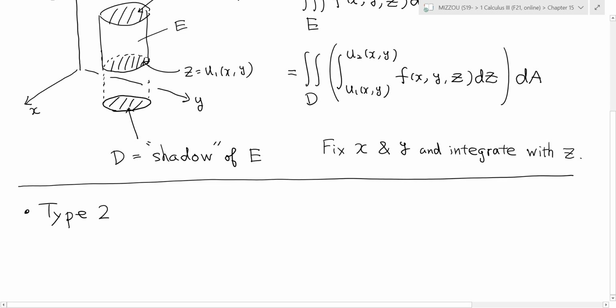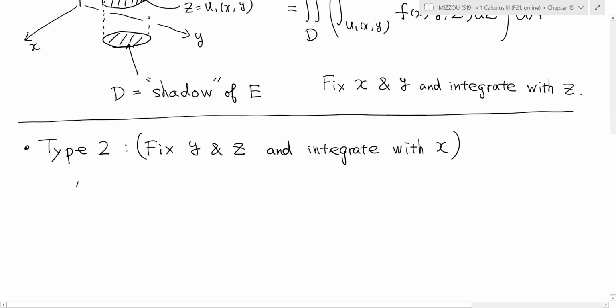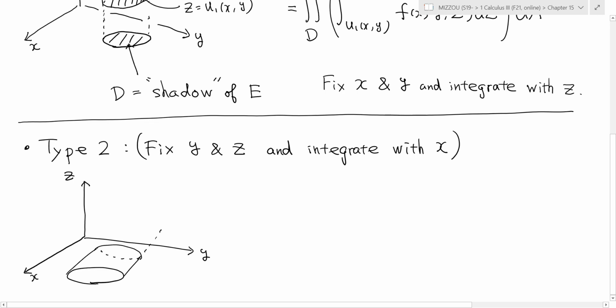So type 2 is the situation where you fix Y and Z and integrate with X. And this is used when the solid you integrate is sandwiched by two surfaces, both of them solved for X, namely X equals a function of Y and Z, in a situation like this.